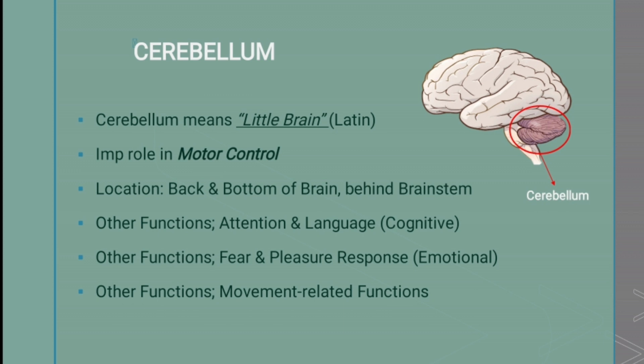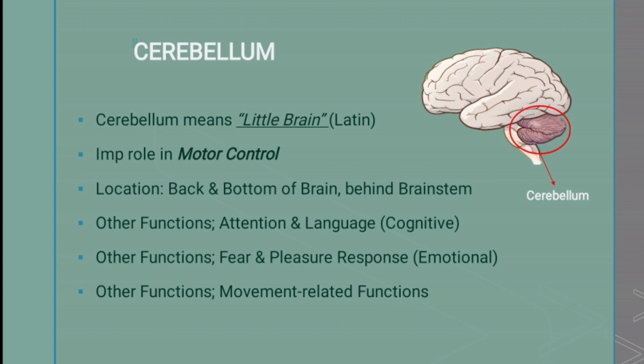And also we know that the brain is divided into anterior part, posterior part, and like that. In such a division, we can say that the cerebellum is at the back and bottom of the brain, the bottom back of the brain and behind the brainstem.